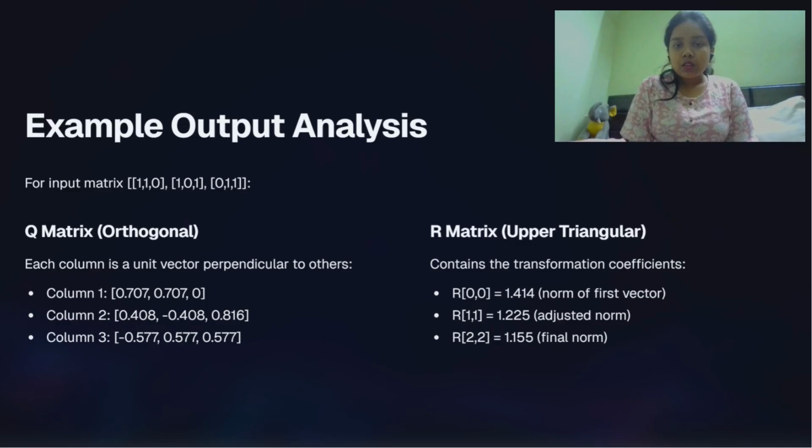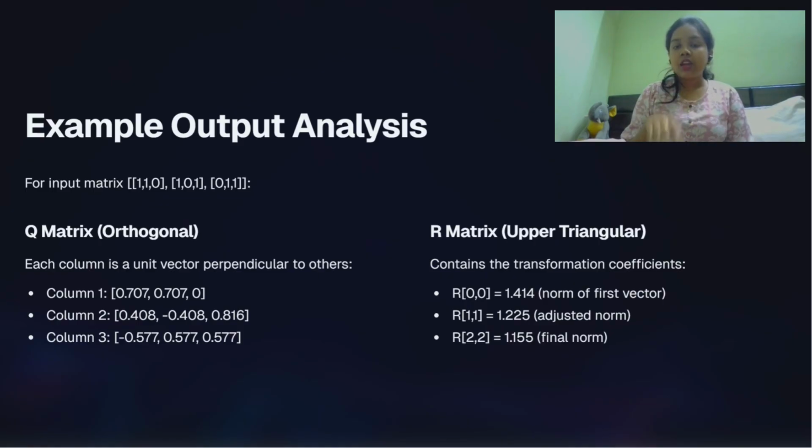Okay. So this is the example output analysis. Here is an example showing the output matrices of a simple input. The Q matrix is orthogonal, meaning its columns are perpendicular unit vectors. As I said before, we can see the computed columns listed on the left.